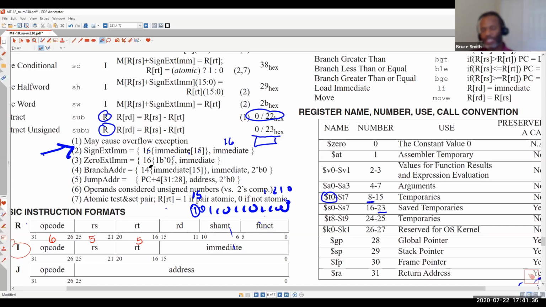So it is sign extended, and it just really specifies what sign extension is. So be aware of that. It could always be that this 16-bit value could be a negative value for your immediate.